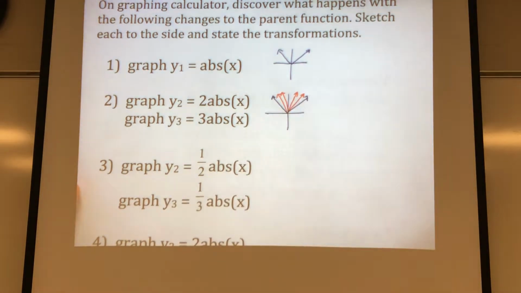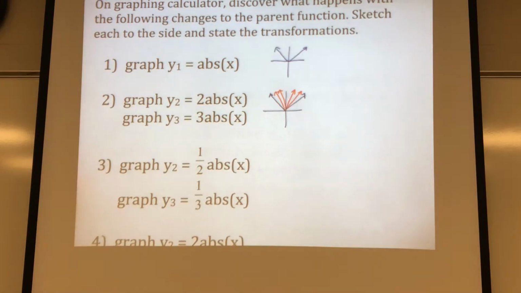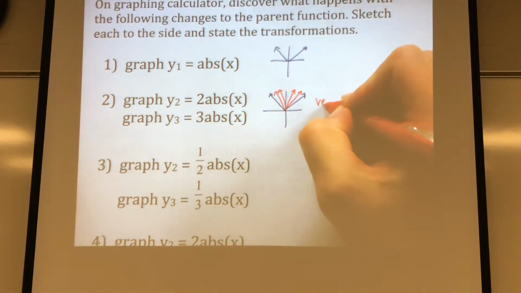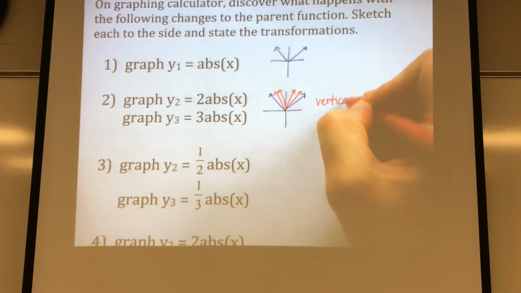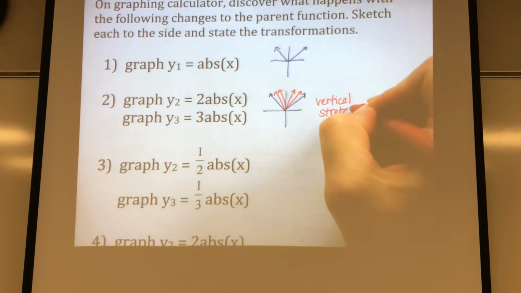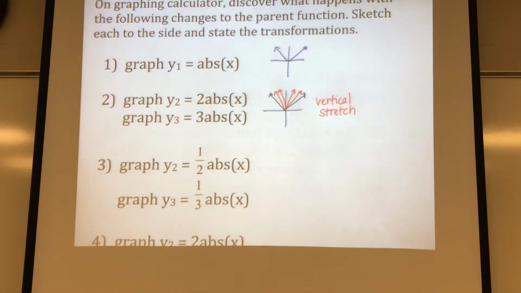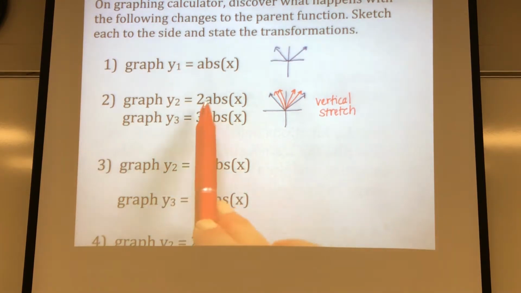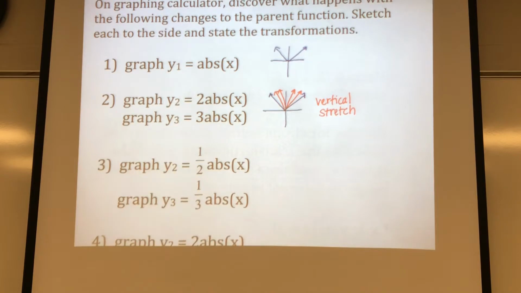So what happens is it got narrower, and we call that a vertical stretch. Now, when we say a vertical stretch, we also will give the value by how much it's stretched. So for the first one, we'd say a vertical stretch of 2. The second one, we would say a vertical stretch of 3, if we were describing the transformation.